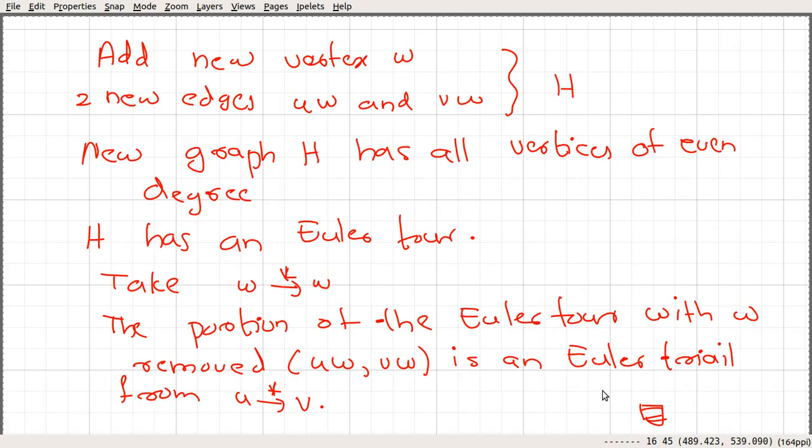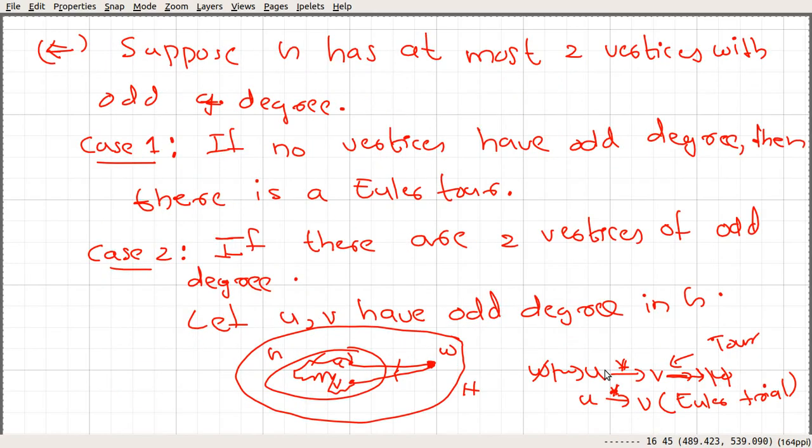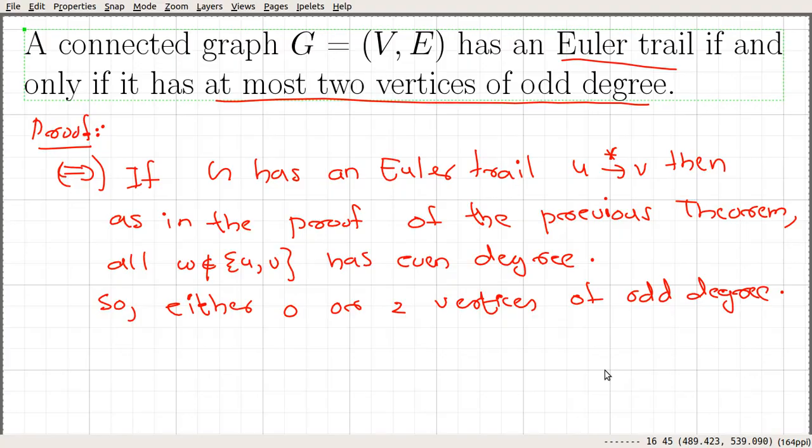So we are able to prove both directions, and that says a connected graph G has an Euler trail if and only if it has at most two vertices of odd degree. If it has two vertices of odd degree, then the start vertex will be one of these odd degree vertices, and the end vertex will be the other one.